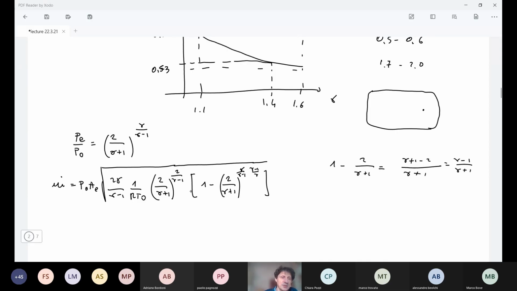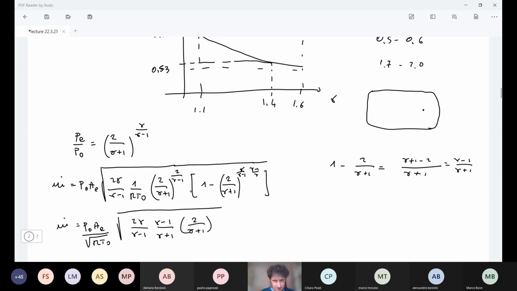That becomes the following. Then we have here square root RT0, and then 2 gamma minus 1, here gamma minus 1 over gamma plus 1, and this term here, sorry, gamma minus 1.